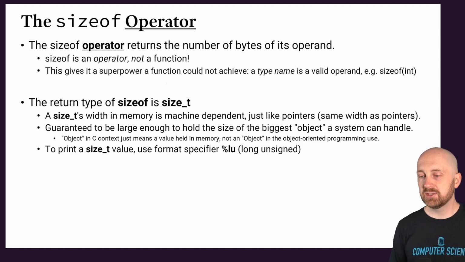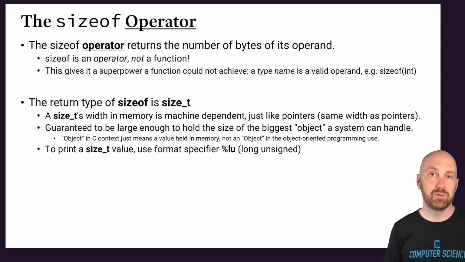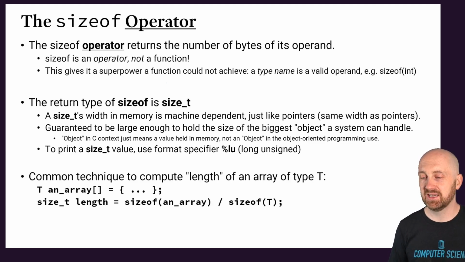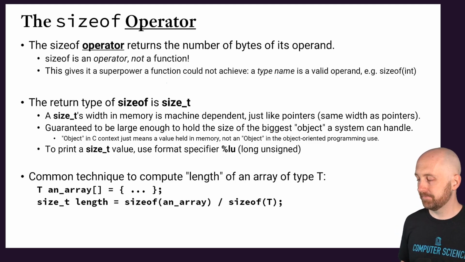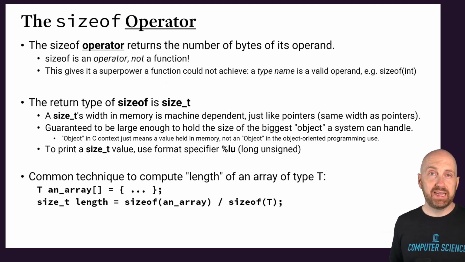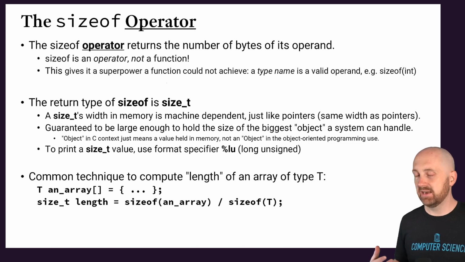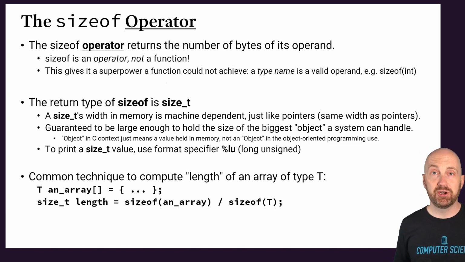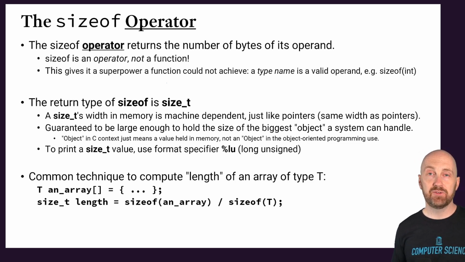Right? So if you wanted to print it, you would use the long unsigned format specifier in a printf in order to know what is the value stored in a size_t, or what is the size of some array. To compute the length of an array, and especially one where you're initializing it using a literal.